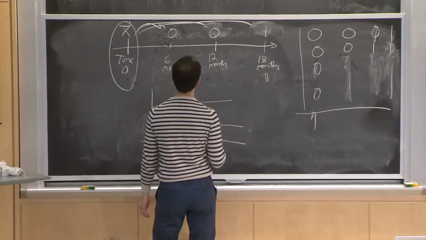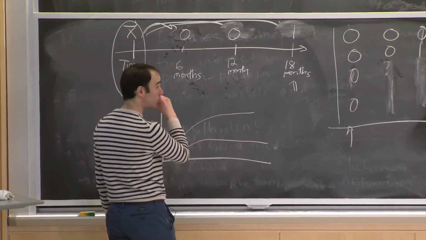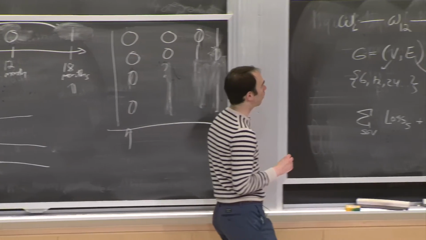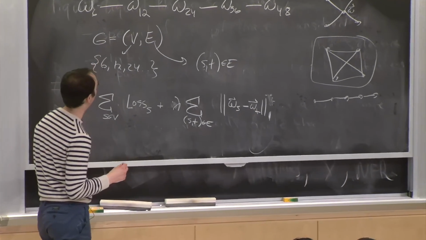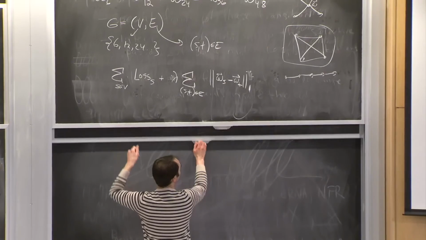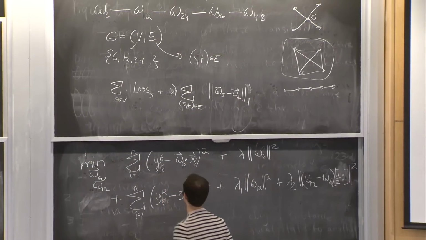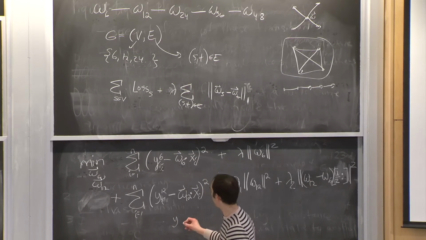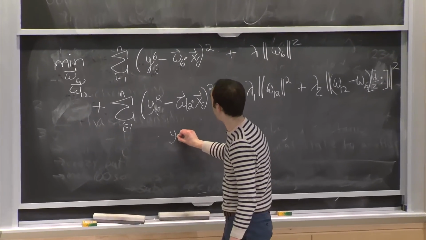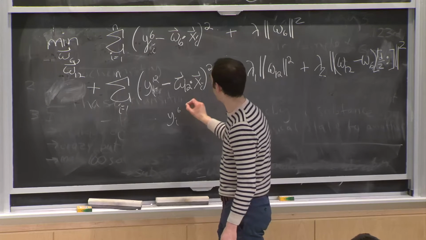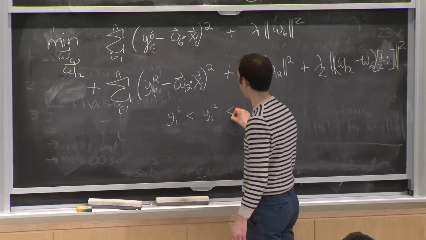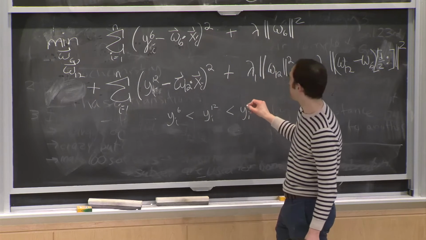So what Pete's suggesting is you could think about putting an additional constraint in, which is that we know that, let's say, y_i^6 is typically less than y_i^12, which is typically less than y_i^24, and so on.